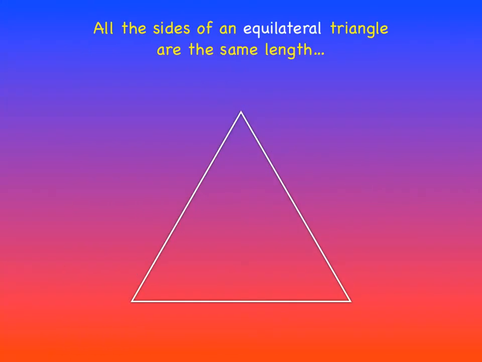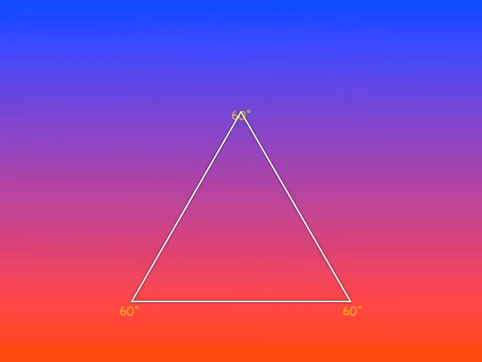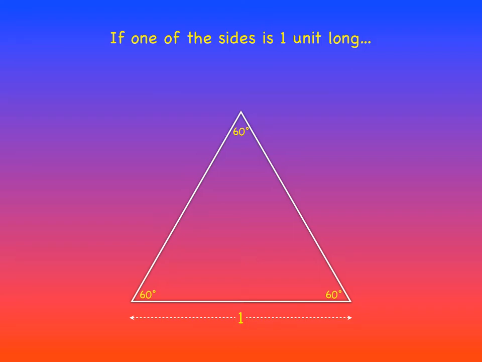All the sides of an equilateral triangle are, of course, the same length, and all the angles are the same, namely 60 degrees. If one of the sides is 1 unit long, then all the sides are 1 unit long.